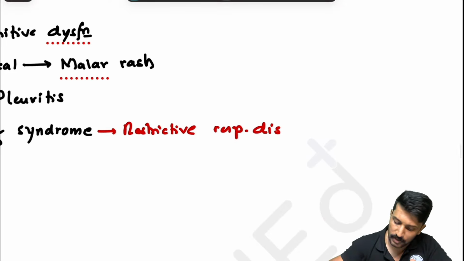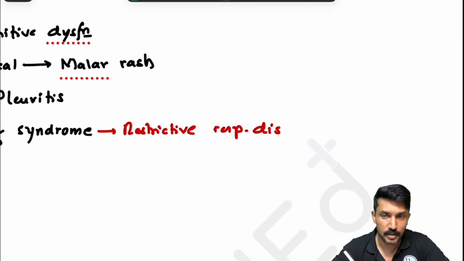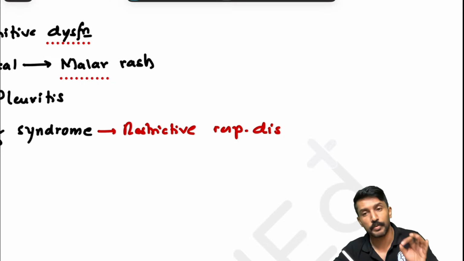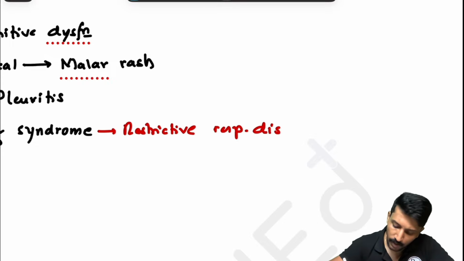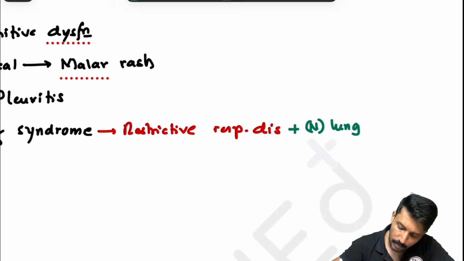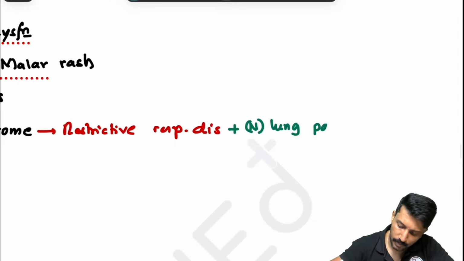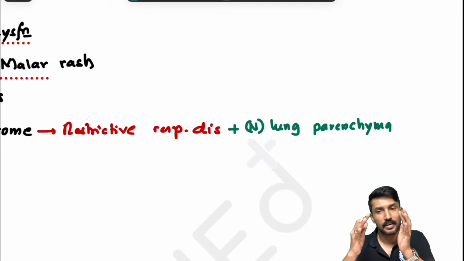So what is a typical restrictive pattern? FEV1 by FVC ratio will be more than 0.7. FEV1, FVC may be reduced, but the ratio will be more than 0.7. That is restrictive pattern. Along with that, you will have normal lung parenchyma on the imaging, but still the lung volume is reduced.